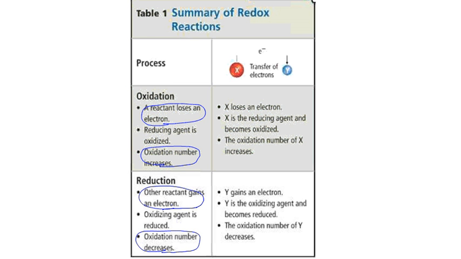So here in oxidation, X loses an electron, so its oxidation number increases. Y gains the electron, and its oxidation number decreases.